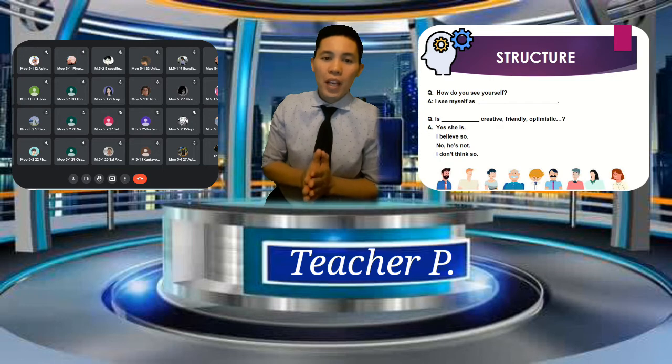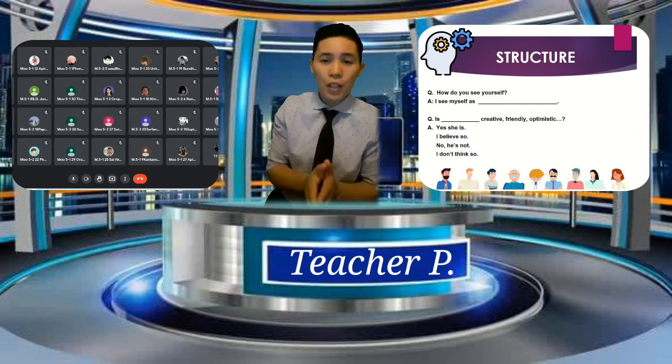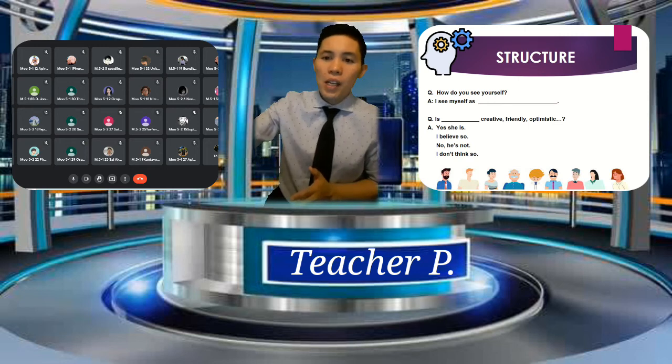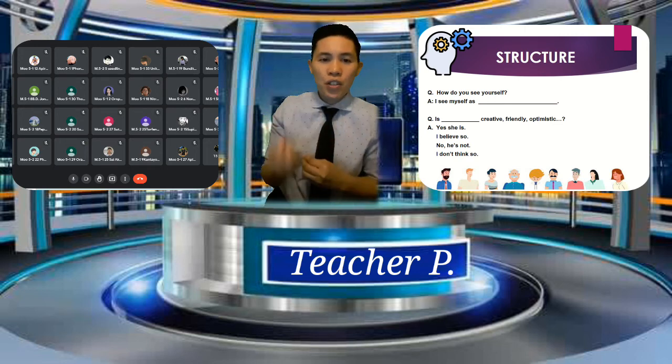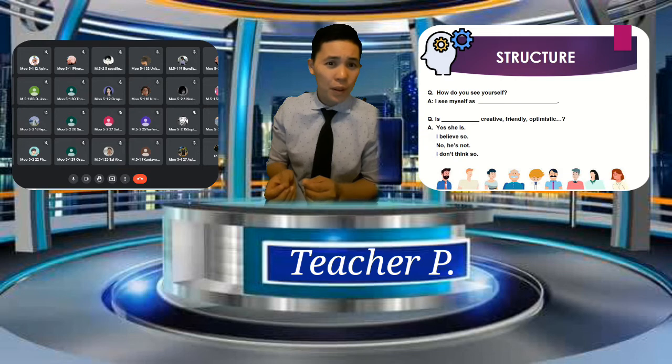Okay, so if it's a girl, you can say yes, she is. So let's say if Stamp is optimistic, then you can say yes, she is. Now for example, if it's a boy, you can say no, he's not. If you are not so sure with your answer, you can say I believe so.